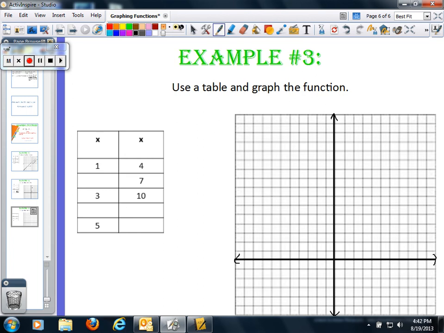And let's plot the points we have. So we have the point 1 and 4. 1, 2, 3, 4. We have the point 3 and 10. 1, 2, 3, 4, 5, 6, 7, 8, 9, 10.